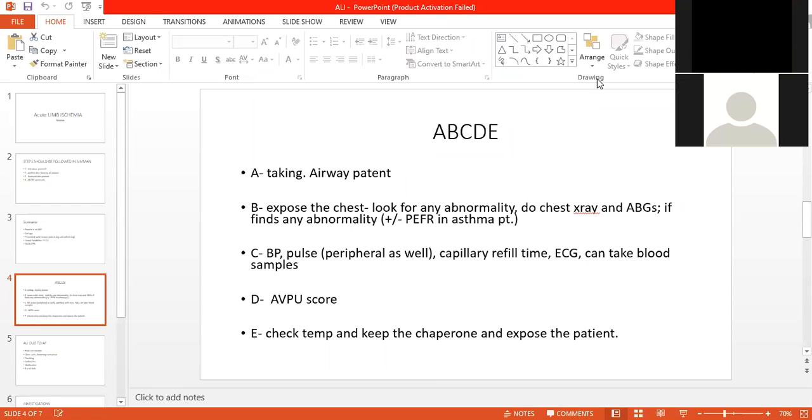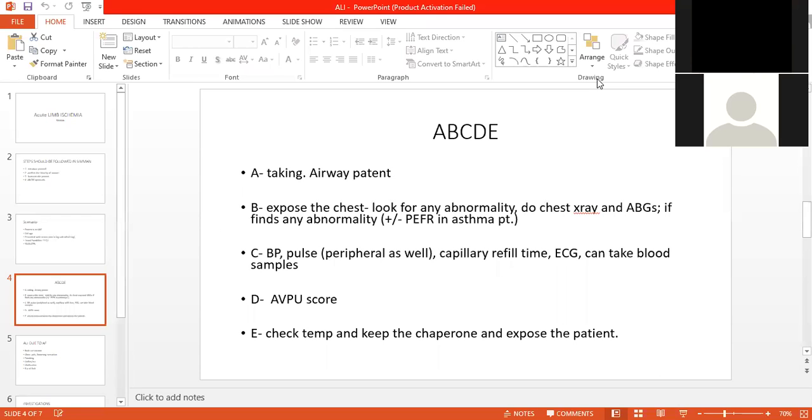So you will compare the temperature of the right leg to the left leg. It will be cold, it will be painful, you will see the color, it will be paler, and there will be paresthesia. You can ask the patient, "I'm touching you, can you feel my finger on this and on the other leg?"